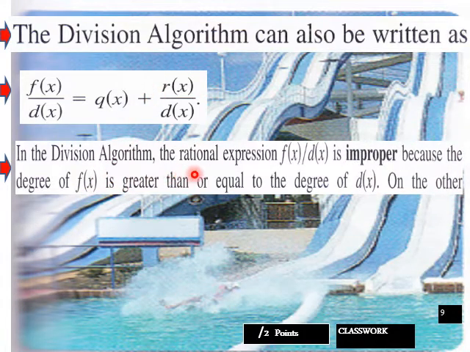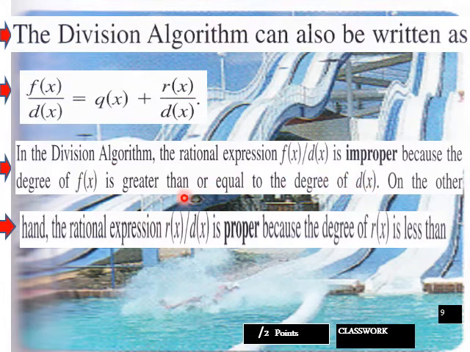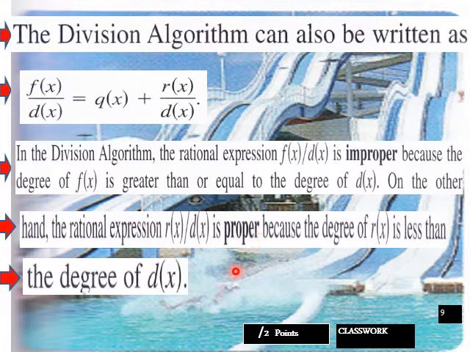In the division algorithm, the rational expression f(x) divided by d(x) is improper because the degree of f(x) is greater than or equal to the degree of d(x). On the other hand, the rational expression r(x) over d(x) is proper because the degree of r(x) is less than the degree of d(x).